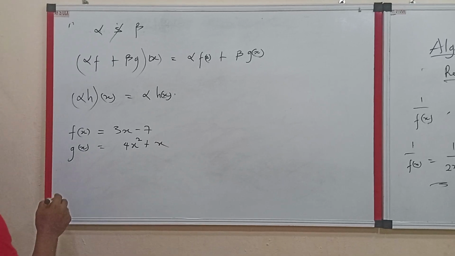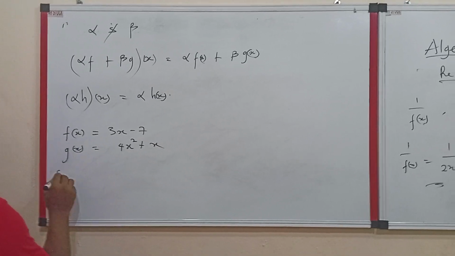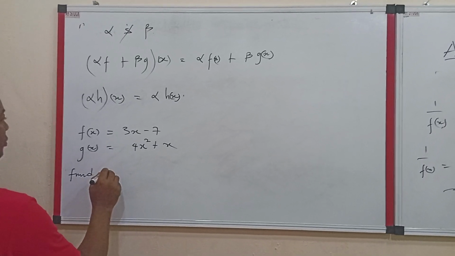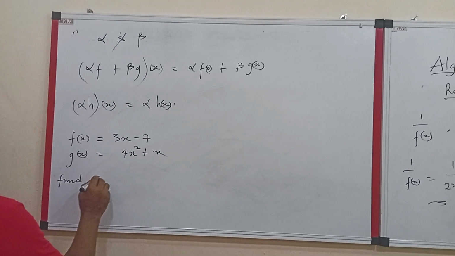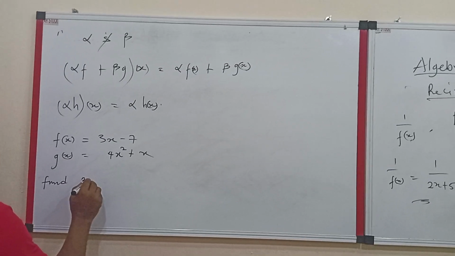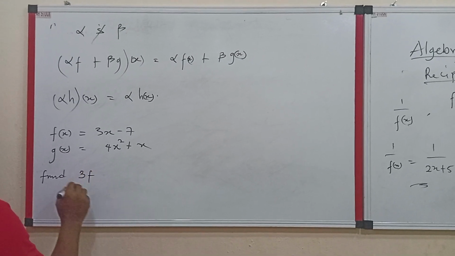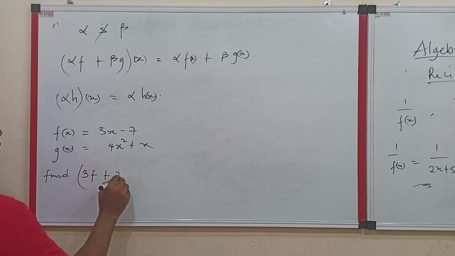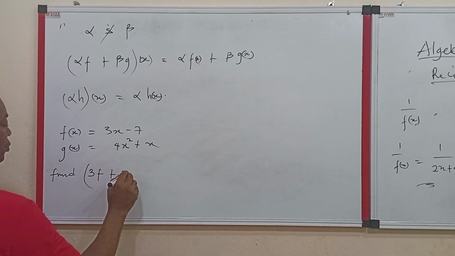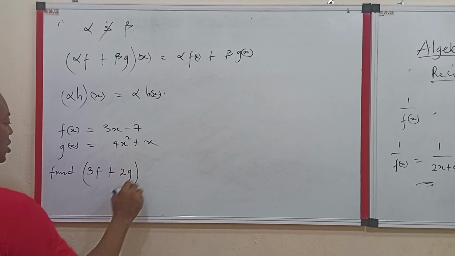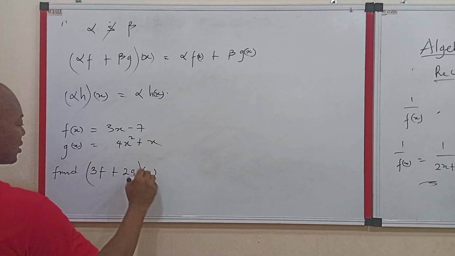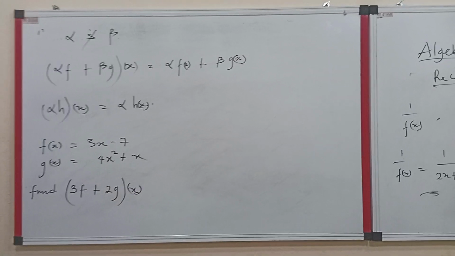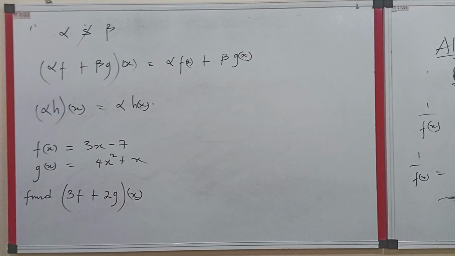And the question is, find 3f plus 2g, all of x. This is also pretty straightforward.